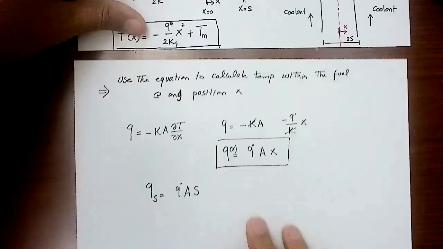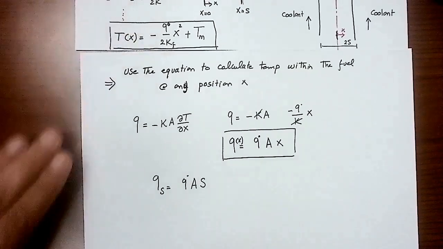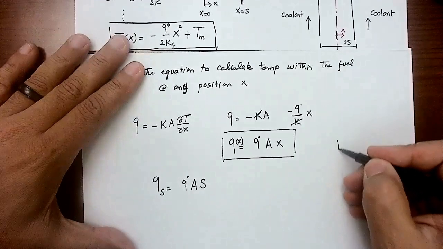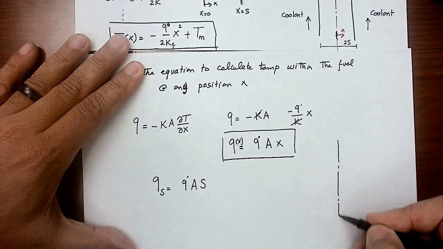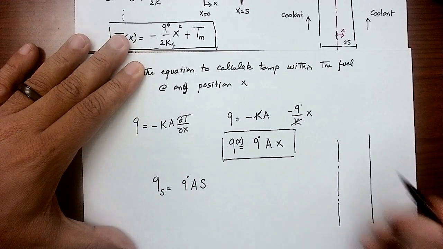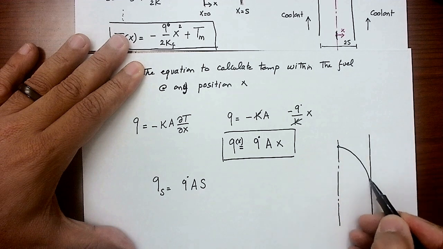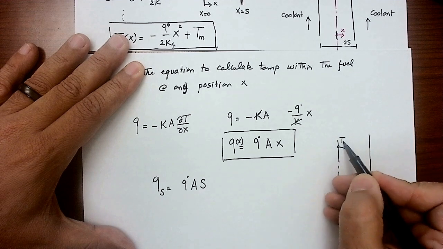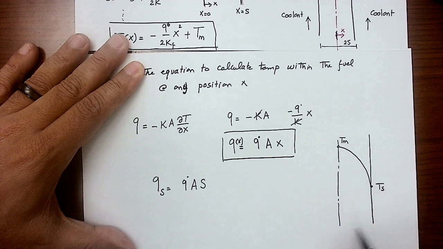Let me actually push that piece of paper up. Okay, so let me draw the fuel again. Half of the fuel. We concluded that the temperature distribution is a parabola, starting with T max here and ending with T surface here. That's my X coordinate. X equals 0 for that face, X equals S, where S is the half thickness.